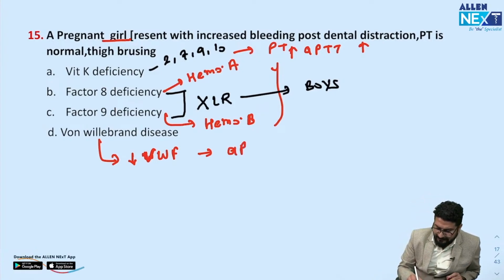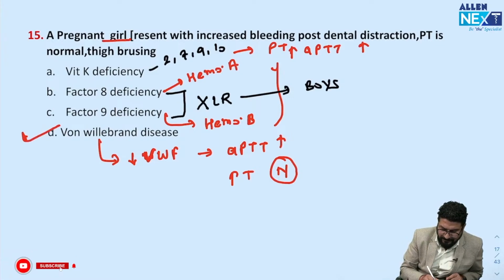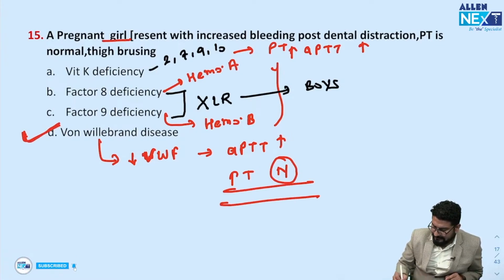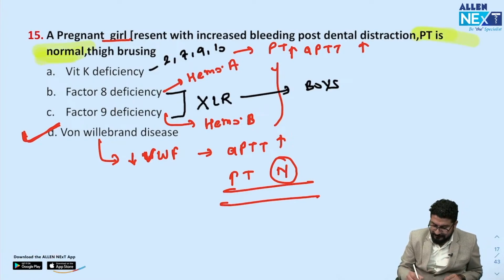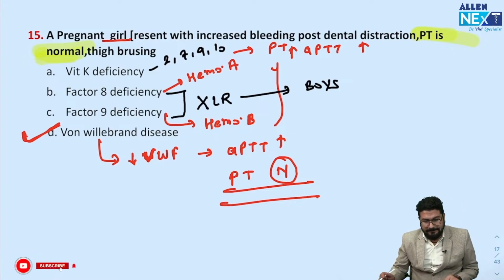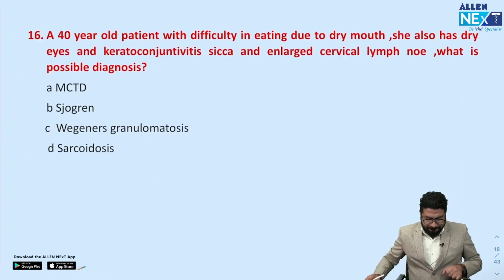So APTT will increase, but PT will be normal. That's why the answer for this question will be von Willebrand disease. You can clearly see in this question the hint is PT is normal. Am I clear? Okay, moving ahead.